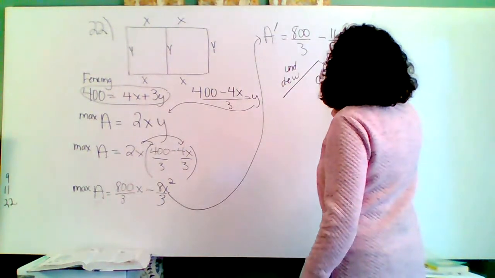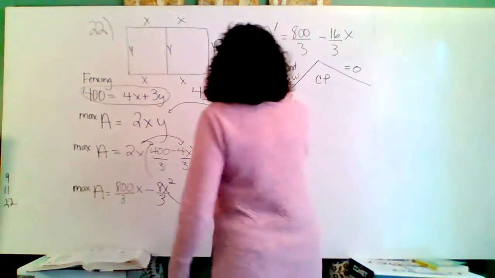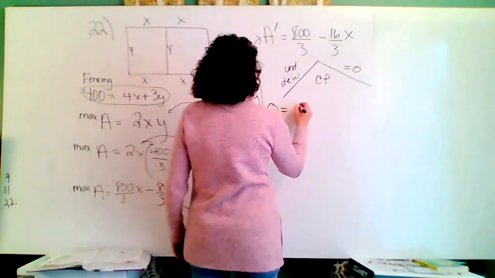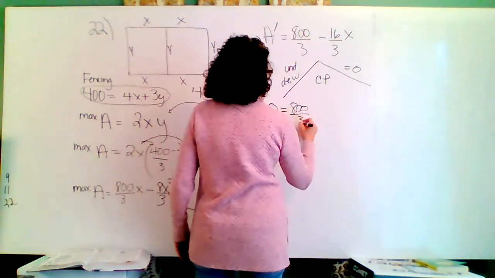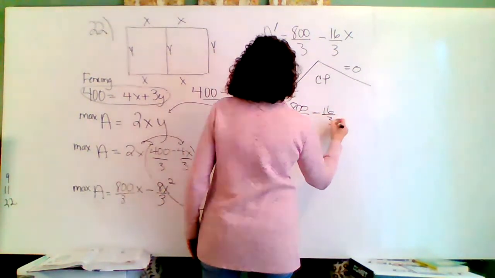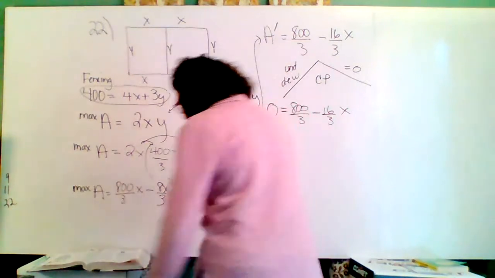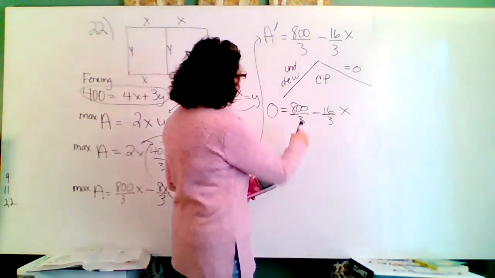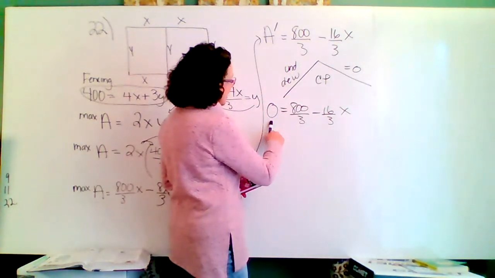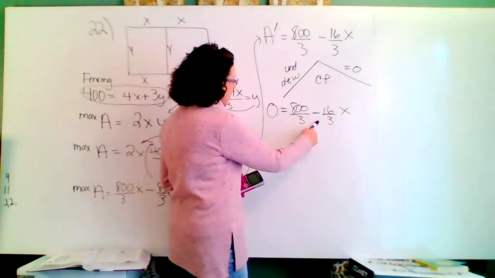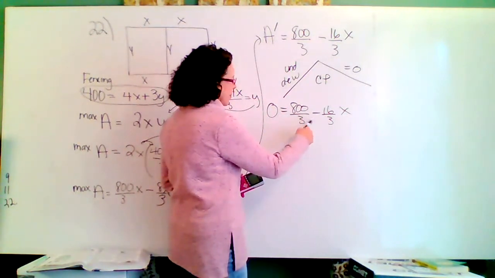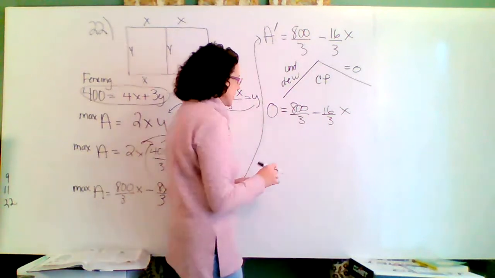So there really is a logical domain here. Where is this equal to 0? I'm setting this equal to 0. I could subtract 800 thirds, then I have a negative on both sides, make it positive, divide by 16 thirds.